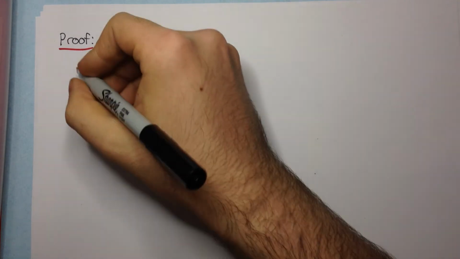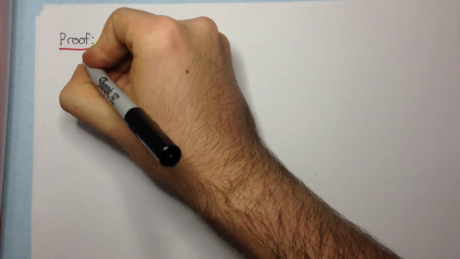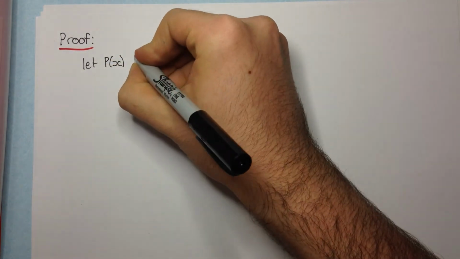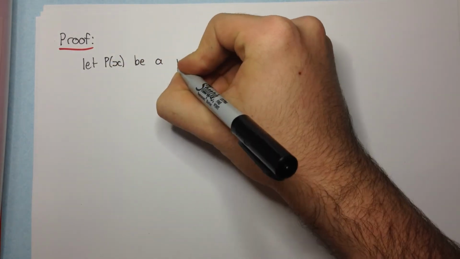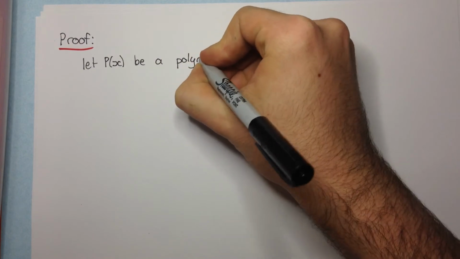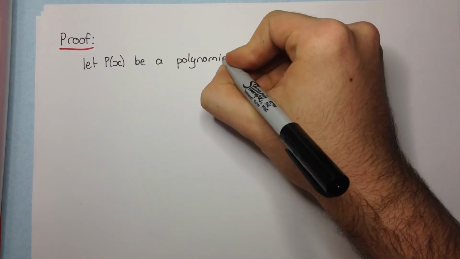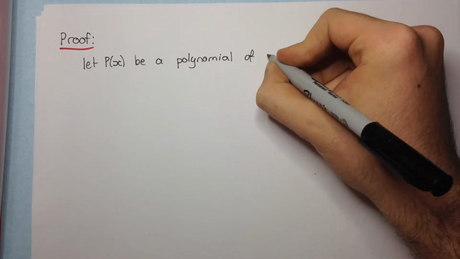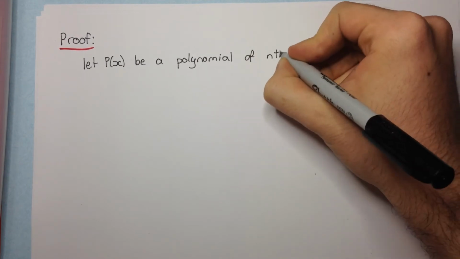So the proof. So let p of x be a polynomial of nth degree.